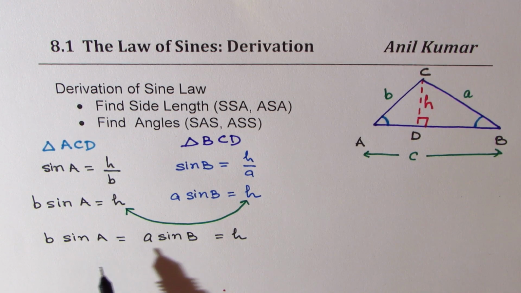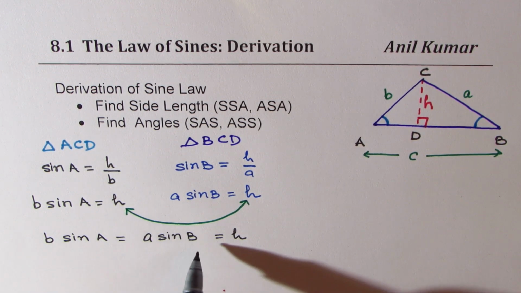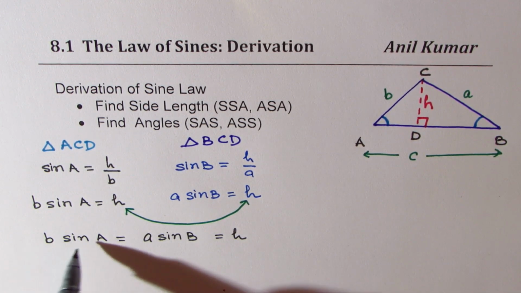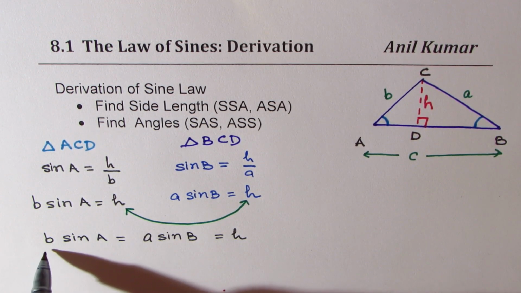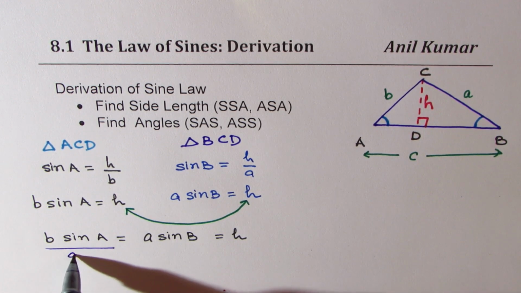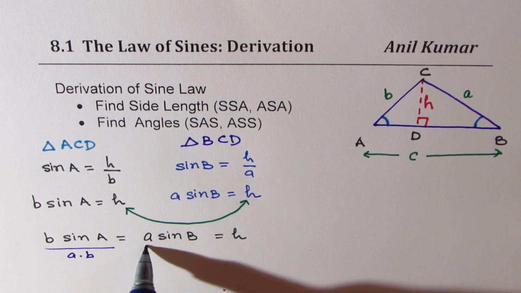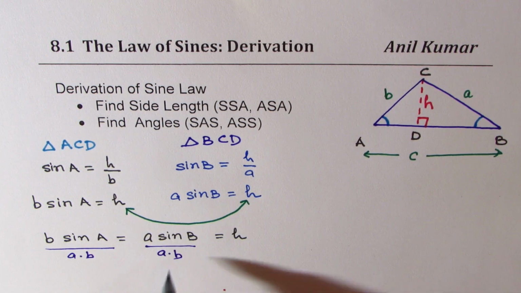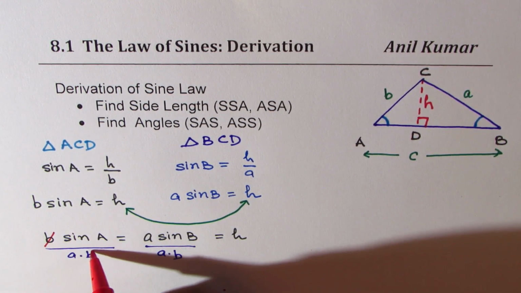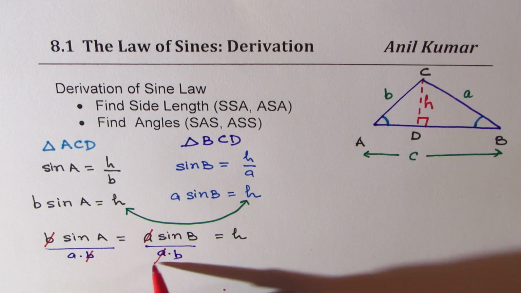So if I divide both sides by, let us say, a times b, I divide this by a times b, this also by a times b, what do I get? Now this b and b cancel, and here a and a cancel.